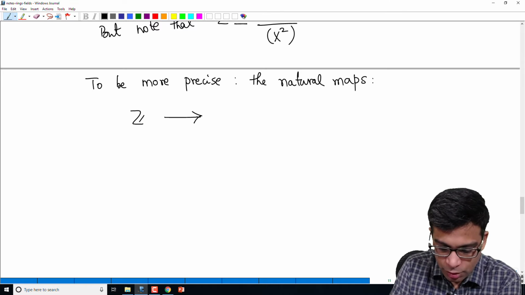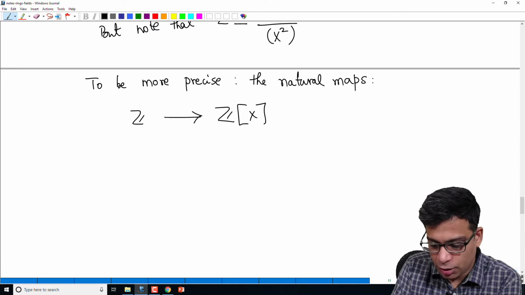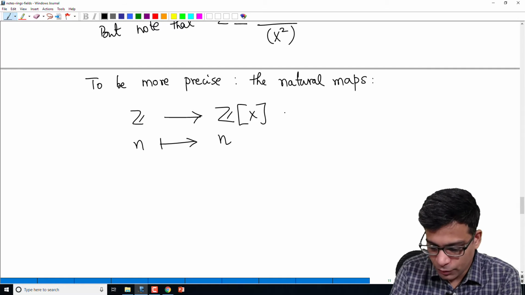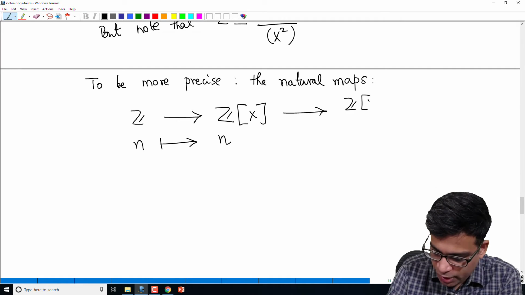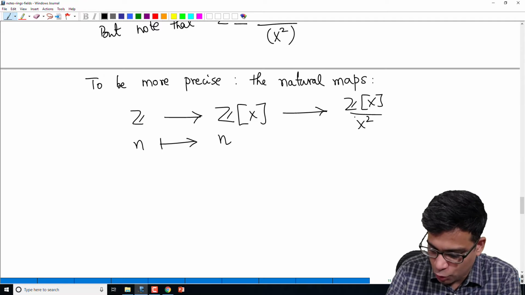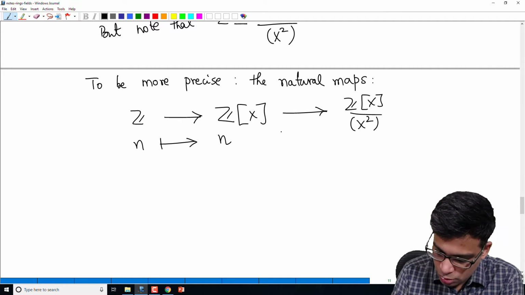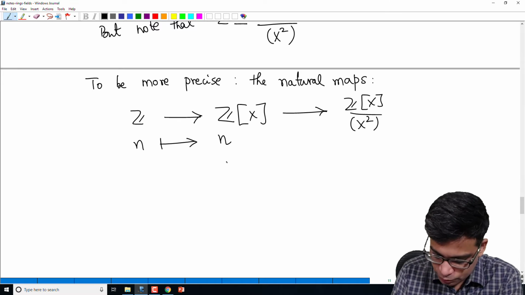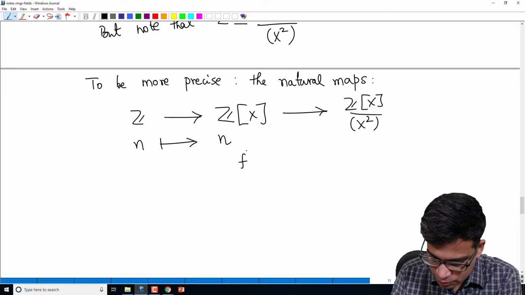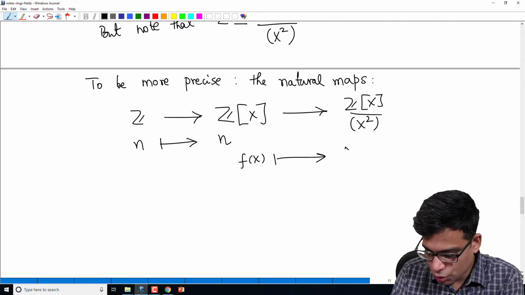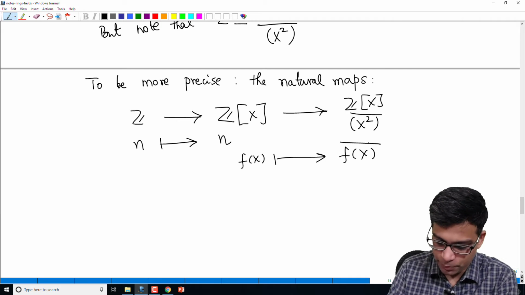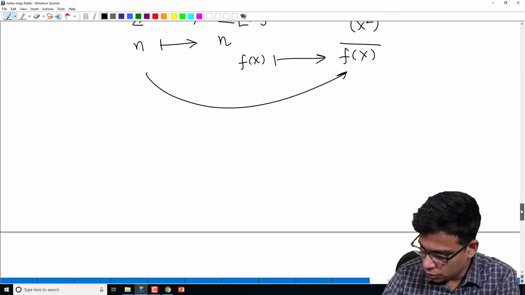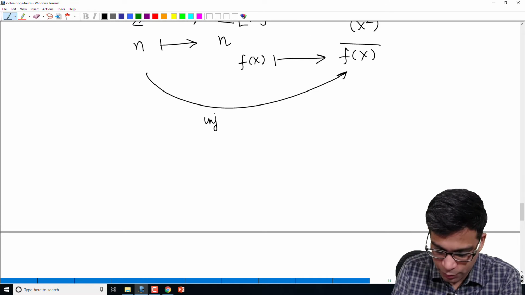The first, from Z to Z[x], is simply the inclusion, so an integer n goes to the integer n. We have also a natural map coming from the quotienting process, where f(x) goes to f(x) bar, the second map. So the composition that you have is an injective map.